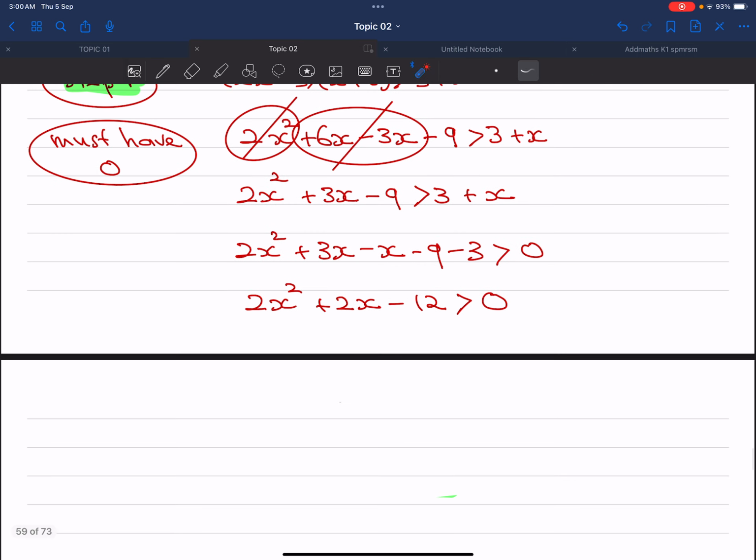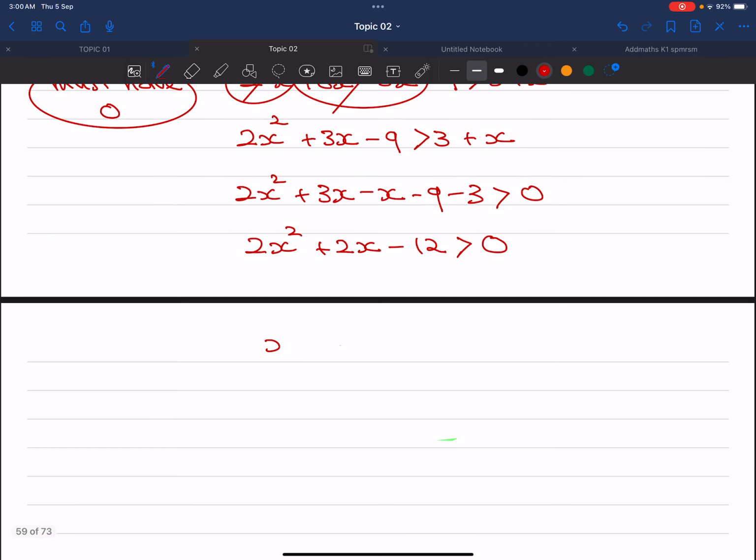But we can simplify if you look at the 2, 2, and 12, which means each term I can divide by 2. Whereby I will get x squared plus x minus 6 more than 0.